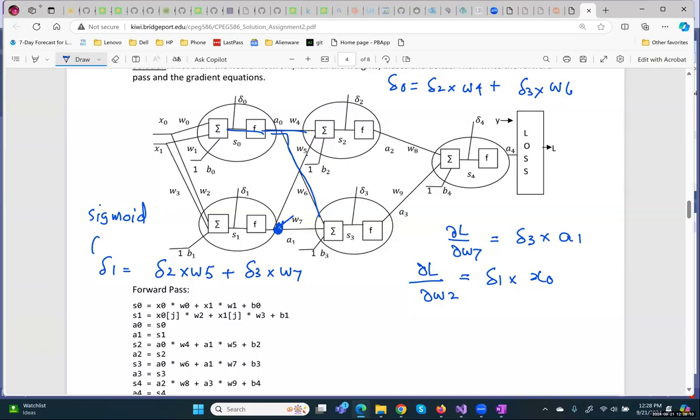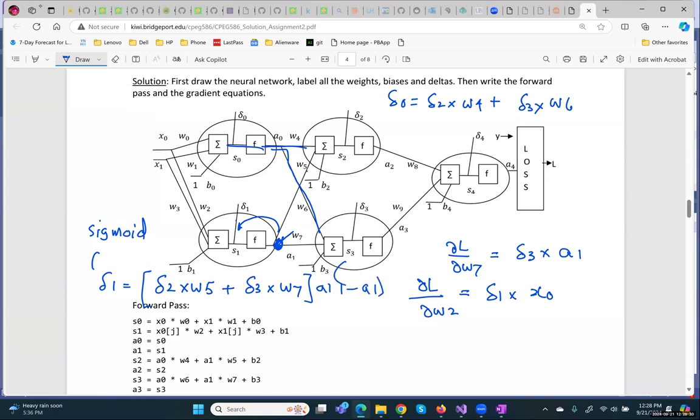Now to get to delta 1, we need a further derivative from here to here. So this whole thing will be multiplied by what? Very good: A1 times (1 minus A1). So you're not multiplying A1 times (1 minus A1) into W5 and W7 separately.